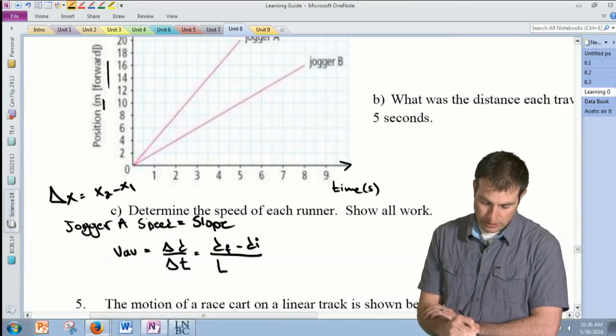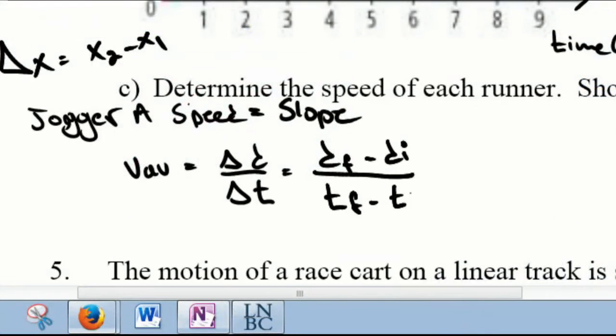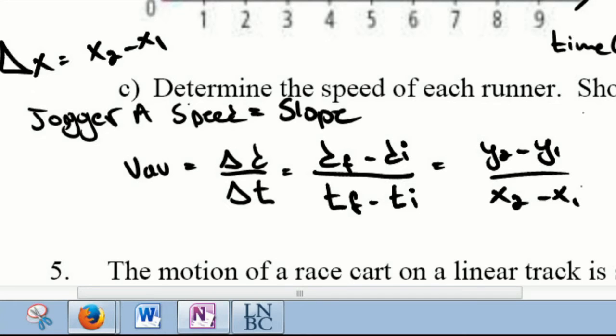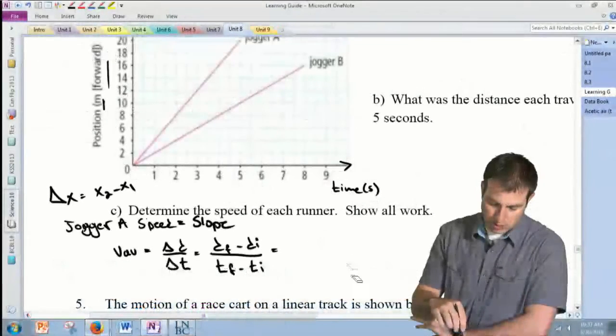A change in t is t final minus t initial. And if I was doing x's and y's, this would be y2 minus y1 over x2 minus x1. Now instead of 1's, I have i's, and instead of 2's, I have finals. So you can see how it's the exact same process as you went through with slopes, except I've just changed the letters.